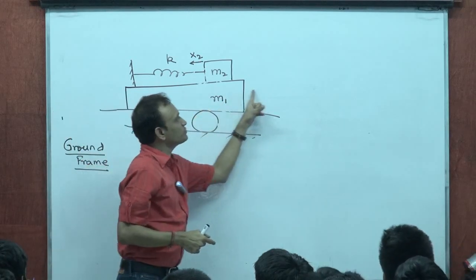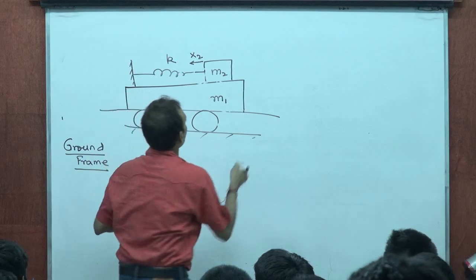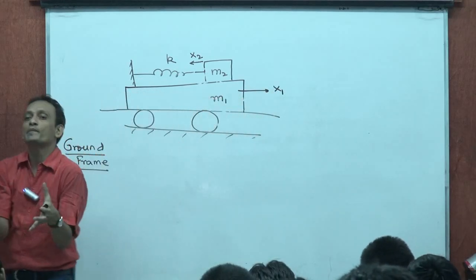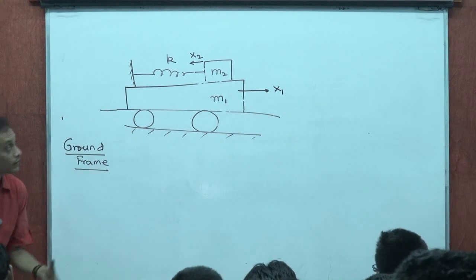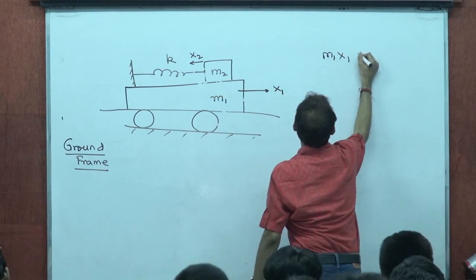Then M1 must move to the right to preserve the position of the center of mass of the system. M1 moves by an amount x1 to the right so that the center of mass of the system is preserved at the same spot, in a manner that M1 x1 must be equal to M2 x2.